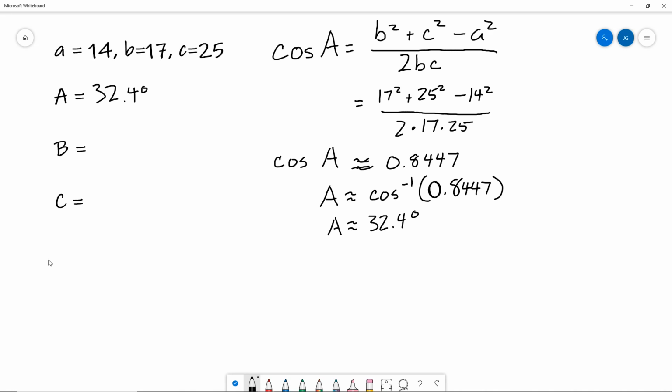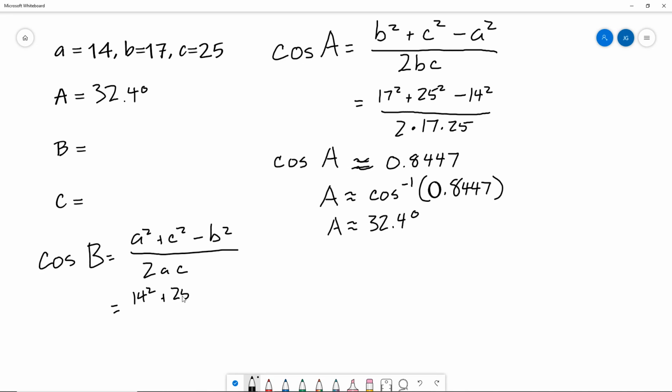And I'm going to figure out now what is the cosine of B. And this, by the law of cosines, is going to be a squared plus c squared minus b squared all over 2ac, which is going to be the same as 14 squared plus 25 squared minus 17 squared, all over 2 times 14 times 25, which if I plug that into a calculator is going to give me not approximately, actually exactly 0.76.